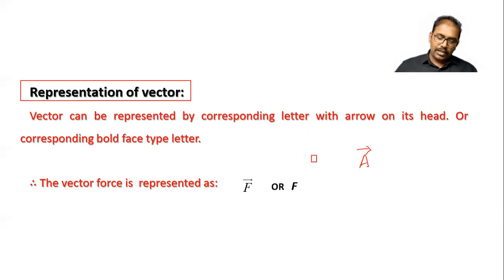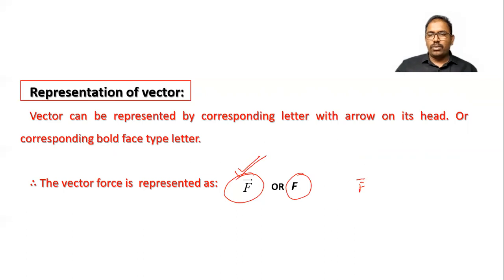So you can see here, an arrow on the head, or a bold letter. This is a bold F, bold face type letter. The arrow on the head is the simplest way to represent a vector. Or you can write it this way, F bar. Every time it is not possible to put an arrow, so we can write a bar on top. It means it is a vector.